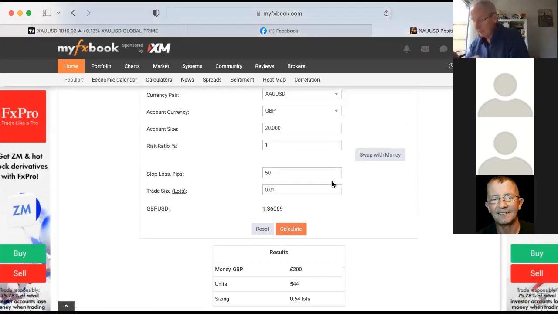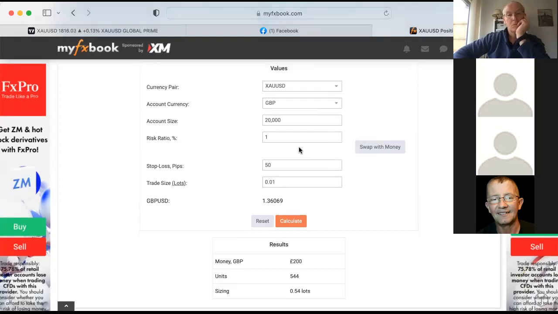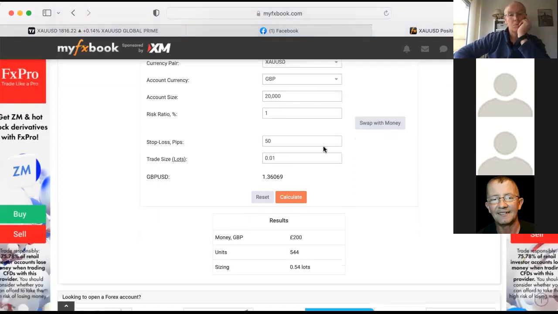I'll just go through that again. Currency pair XAU USD, Great British Pounds, account size 20 grand, 1% risk ratio. You can check that: if you swap with money, it'll tell you that you're actually risking £200. You can swap back, so you're risking 1% on this trade.